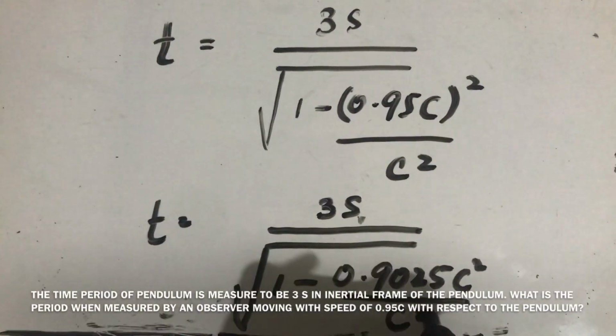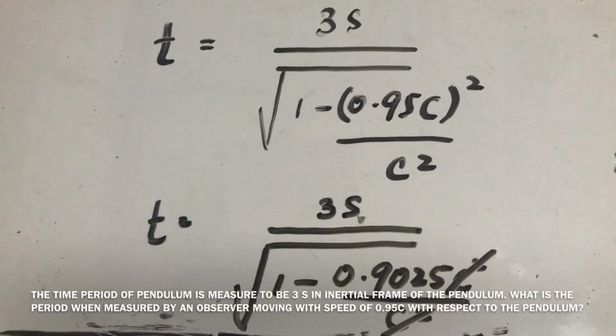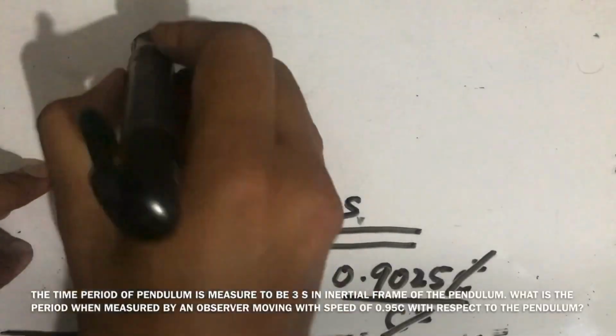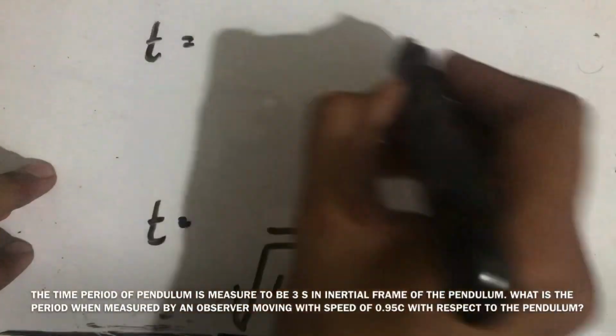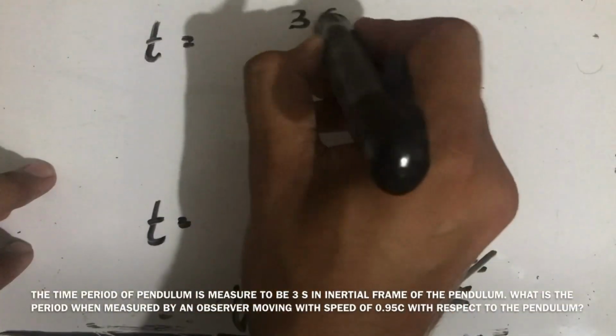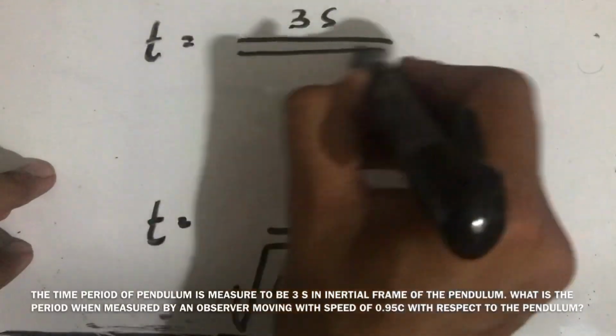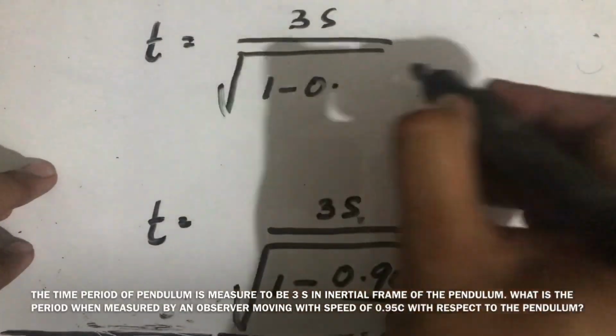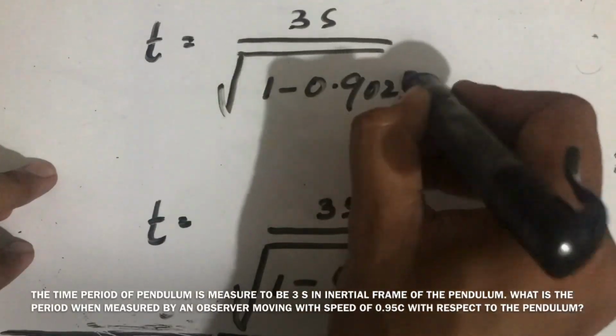So we can just cancel c square and c square. Now we have only the value of T equal to 3 seconds divided by the square root of 1 minus 0.9025.